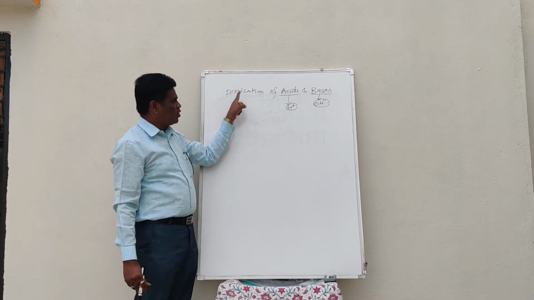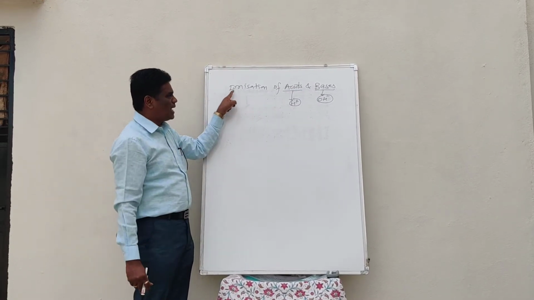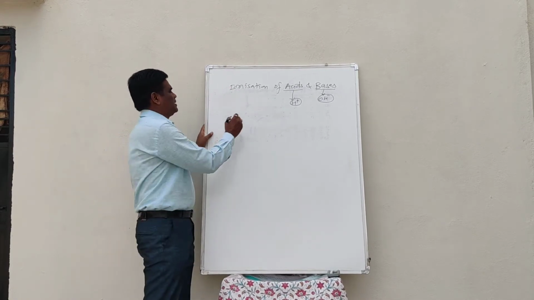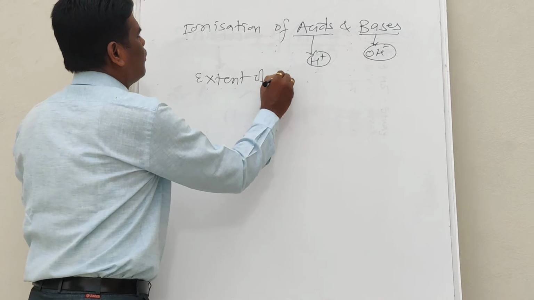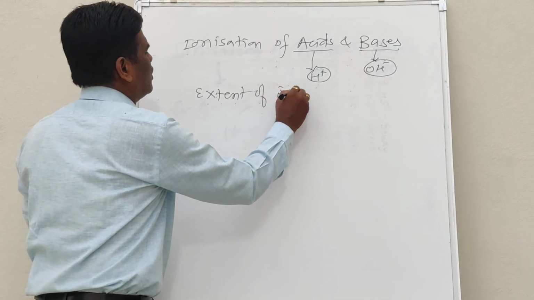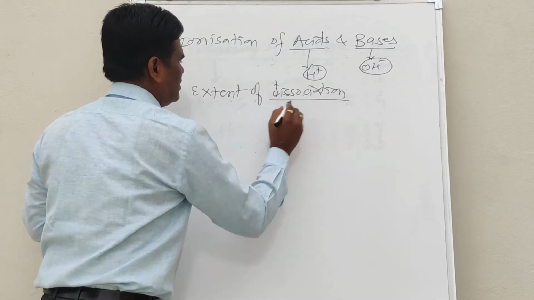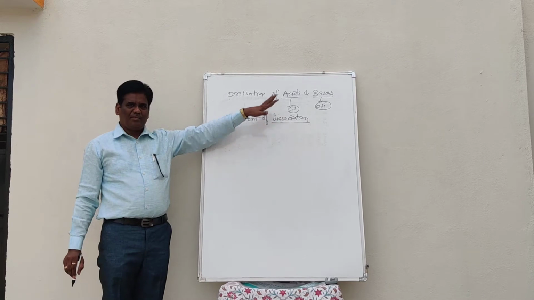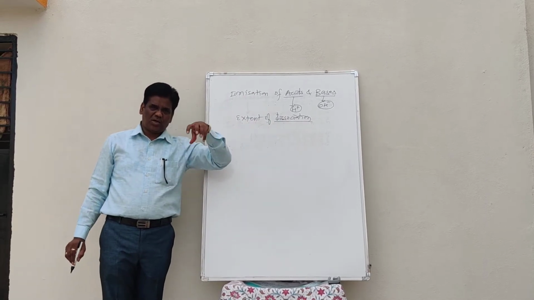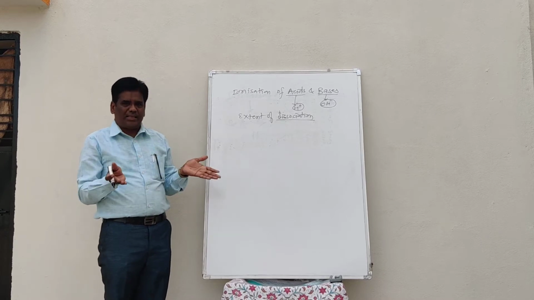But here you have to study ionization of acids and bases, and therefore you have to remember this ionization of acid and base depends upon the extent of their ionization or extent of their dissociation. Dissociation means an electrolyte dissolved in water dissociates into ions.